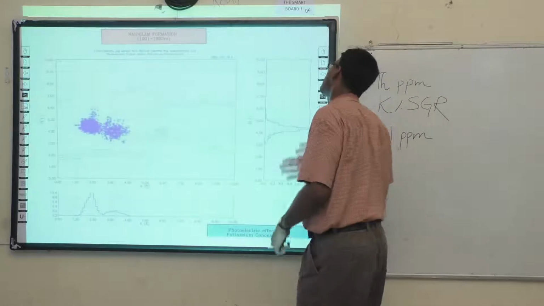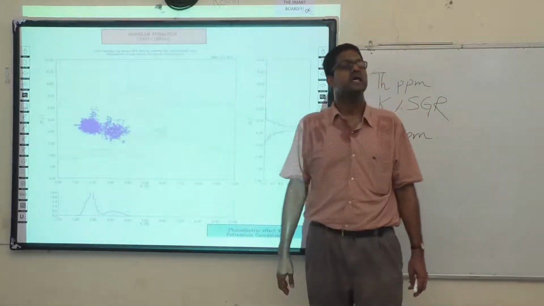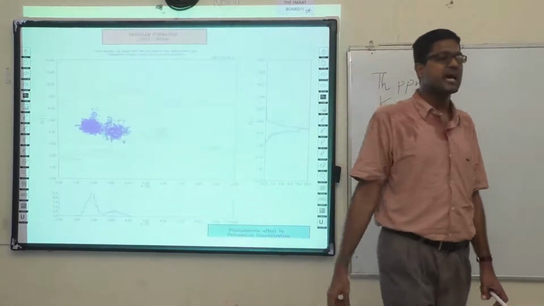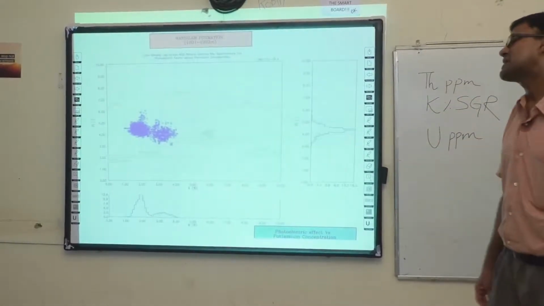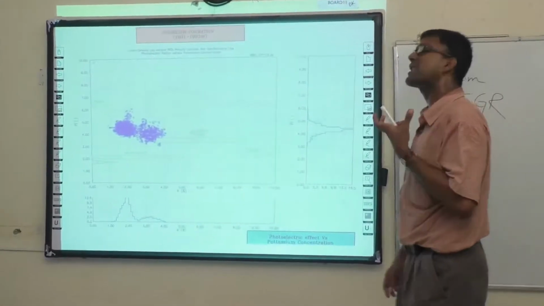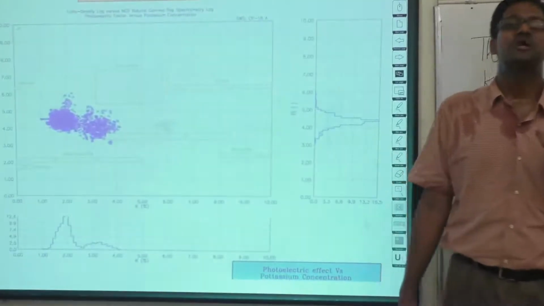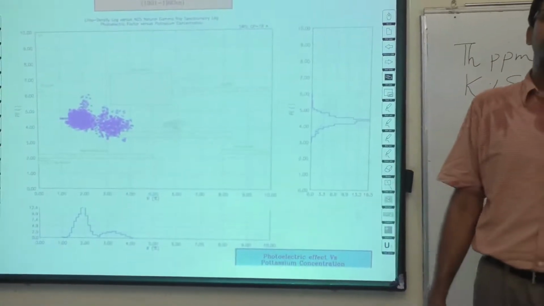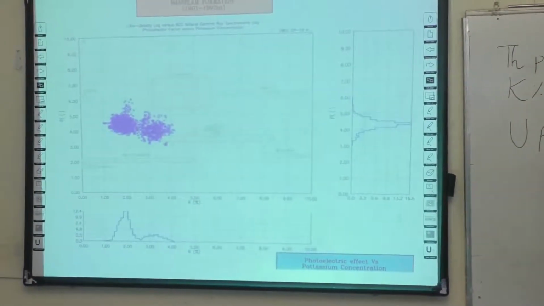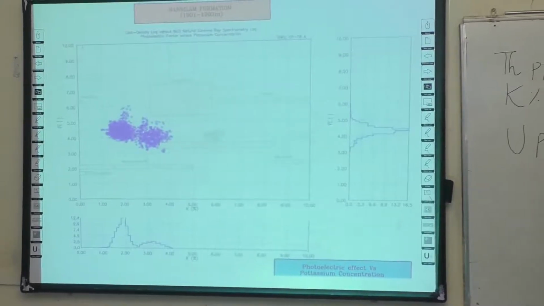Now, before I come to this diagram, let me explain that uranium has affinity towards marine shales, whereas thorium and potassium have affinity towards terrestrial sediments.